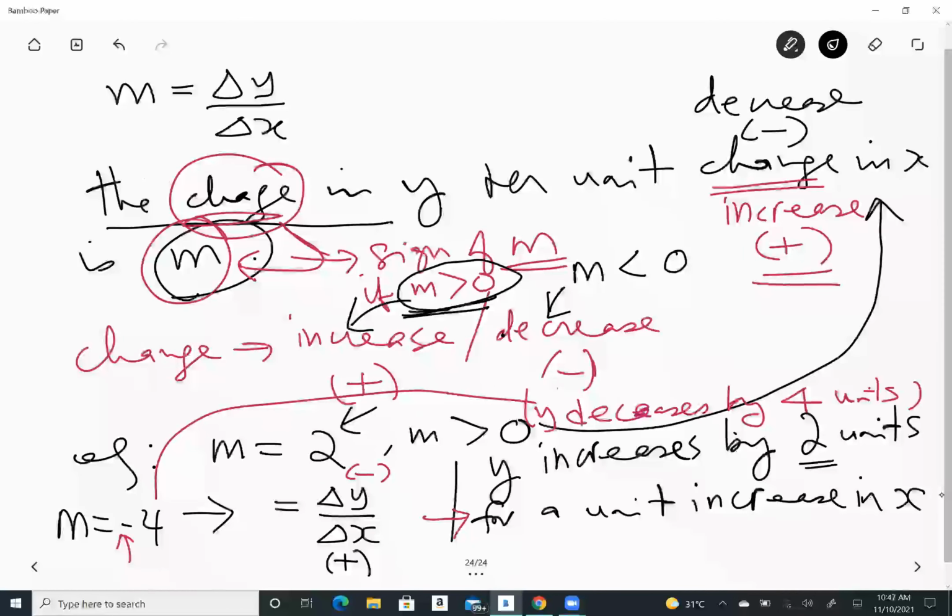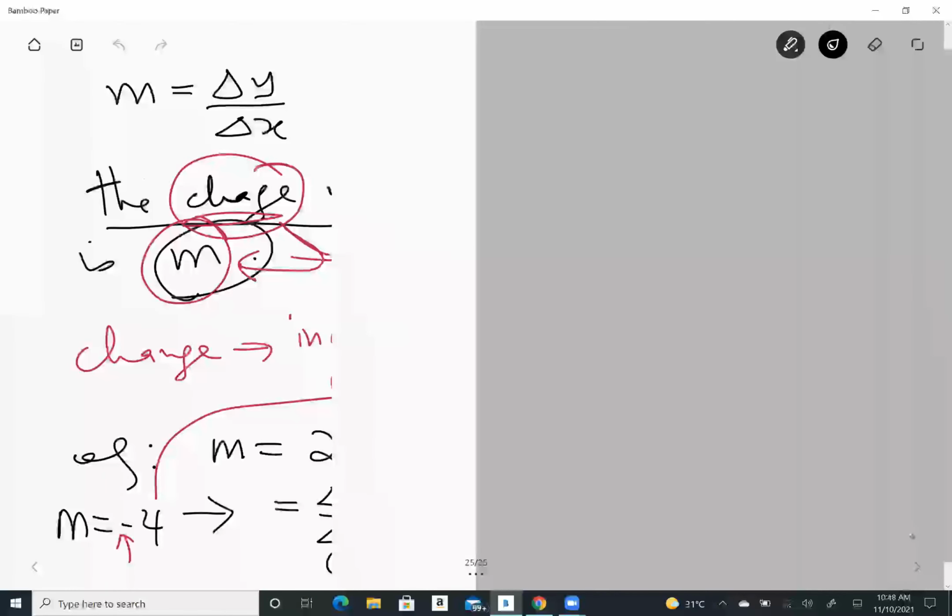If X decreases by 1 unit and M is positive, then what can you say about the change in Y? I'm going to write: X decreases by 1 unit. I'm talking about decrease.